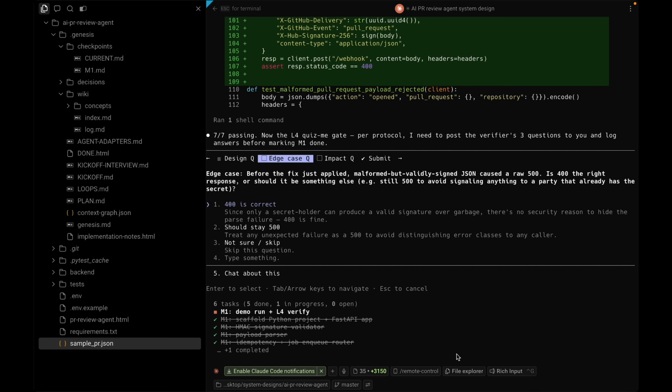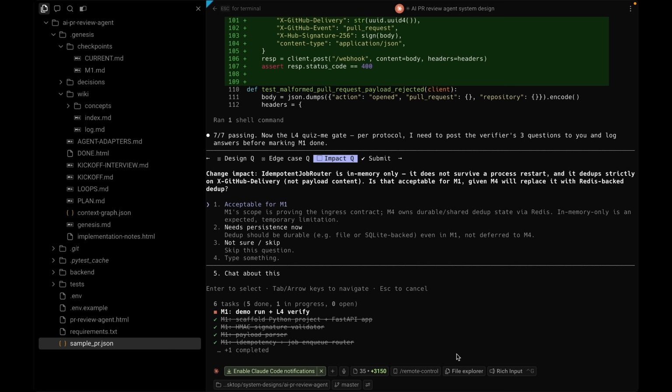Returning bad request accurately communicates that the request body is invalid. So the ideal flow is that we verify the HMAC, parse the JSON, return 400 bad request if parsing fails, and continue processing if verification and parsing succeed.